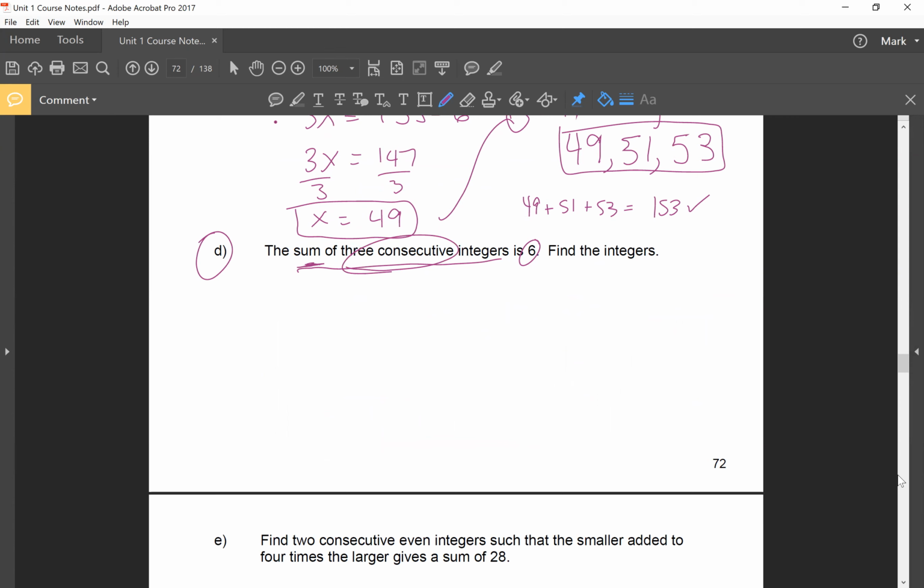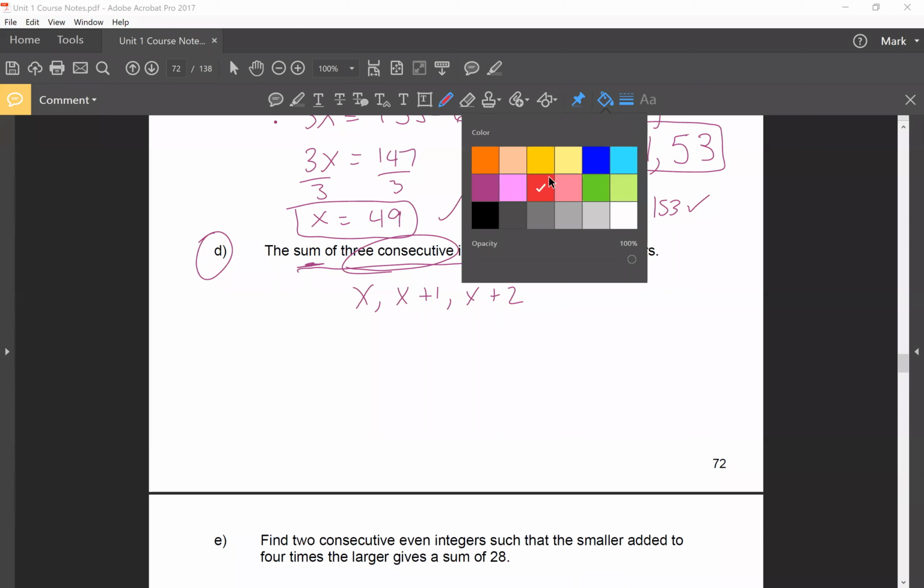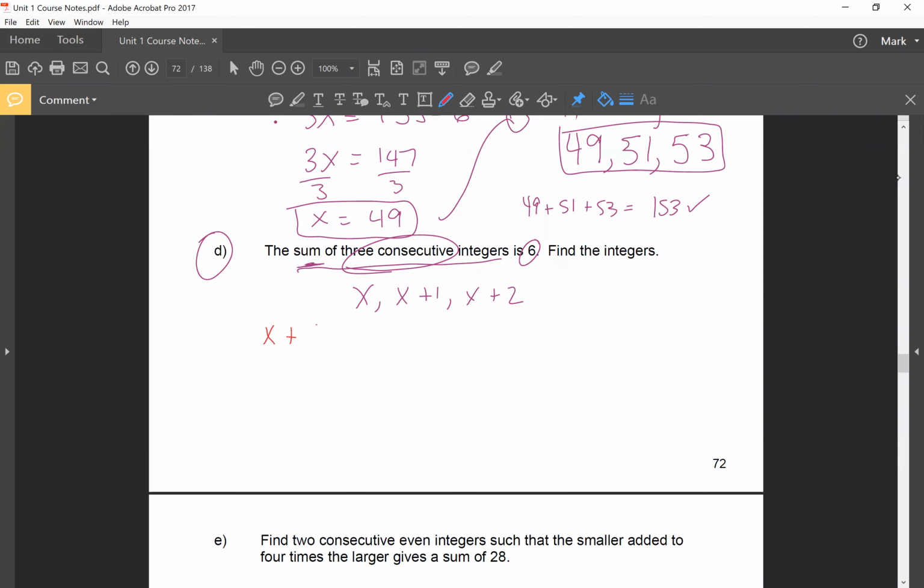Make a note that it's 3 integers, not odd, not even. It's just 3 consecutive integers. So x plus, sorry, x, let me pick a different color. Go back to red. x plus x plus 1 plus x plus 2 equals 6.